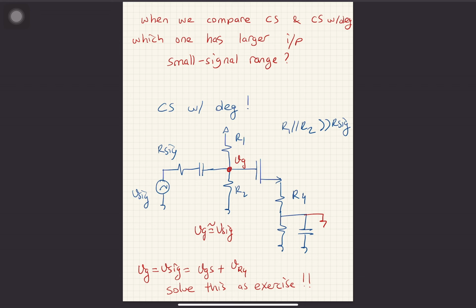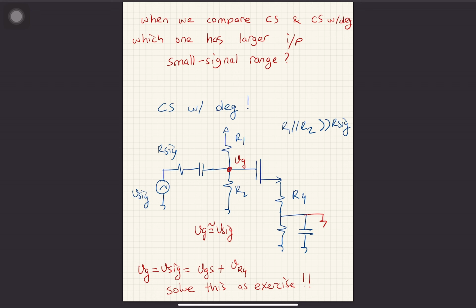But it's a very straightforward solution. Use the T-model, and the T-model will help you a lot. You are going to find some 1 over gm coefficient in the final expression, and you will show that V signal can be much larger than the common source small signal input range.